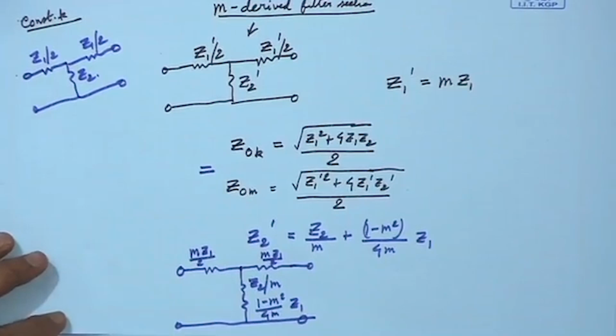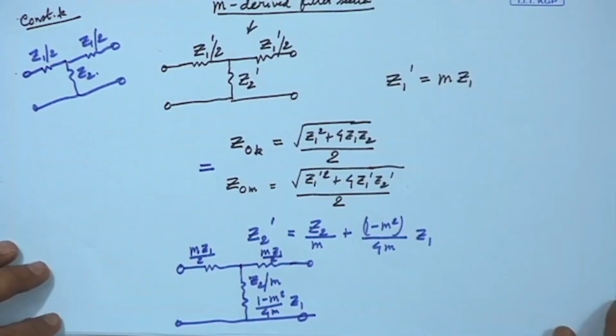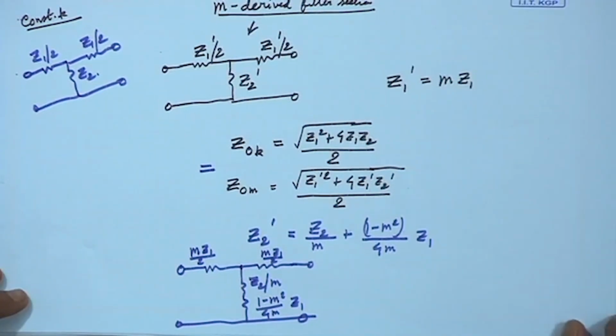So, it is a series circuit in the shunt arm. This is the new design.